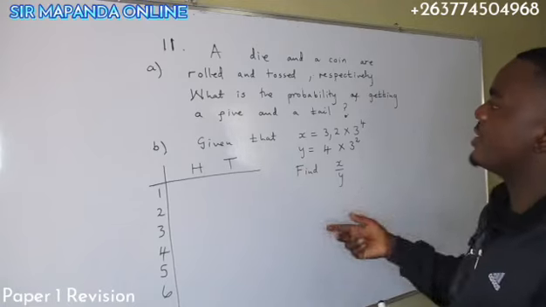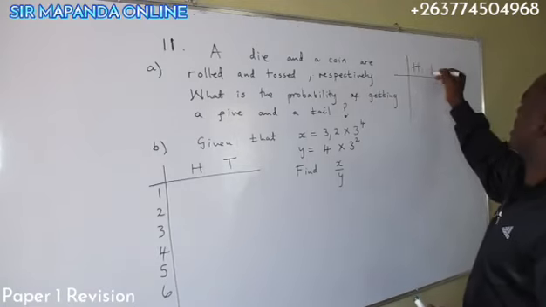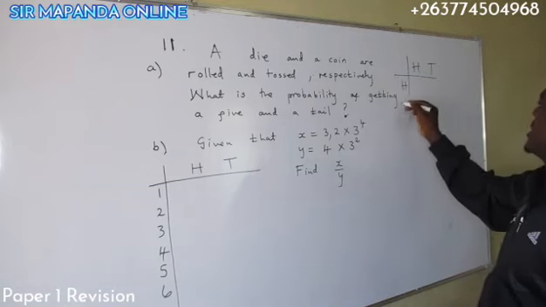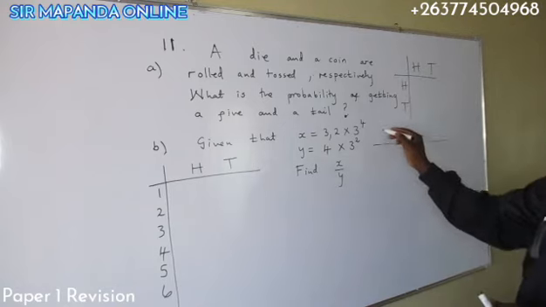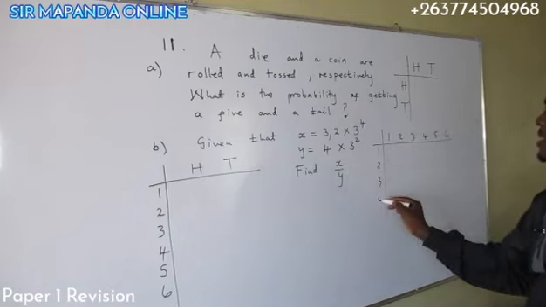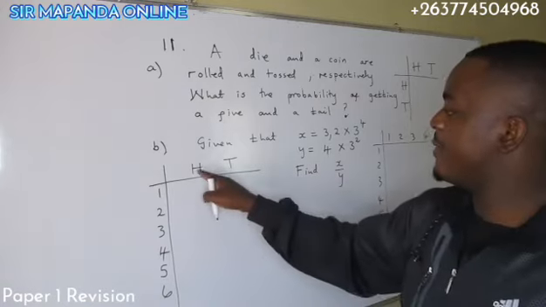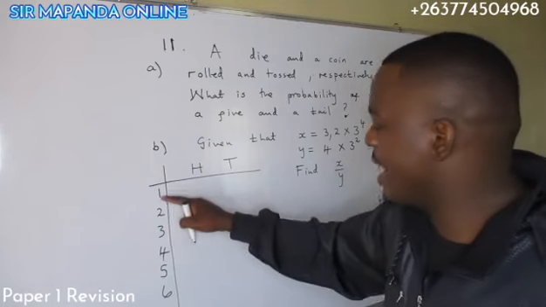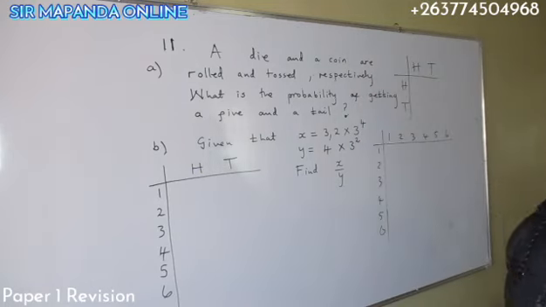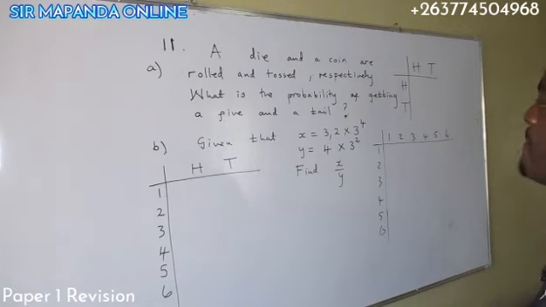If there are 2 coins tossed, the outcome table comes as HT and HT. Then for 2 dice, you have 1, 2, 3, 4, 5, 6 and 1, 2, 3, 4, 5, 6. But for a die and a coin, you have head and tail, then you number 1 up to 6. So it depends on the situation. I hope you are following.